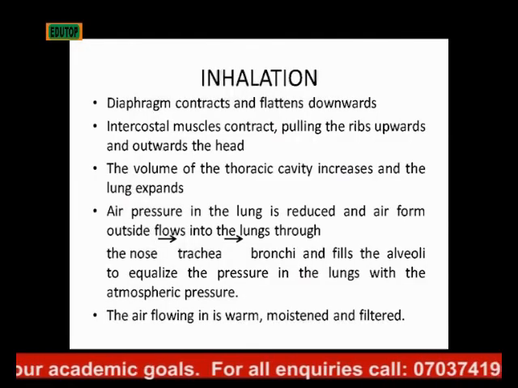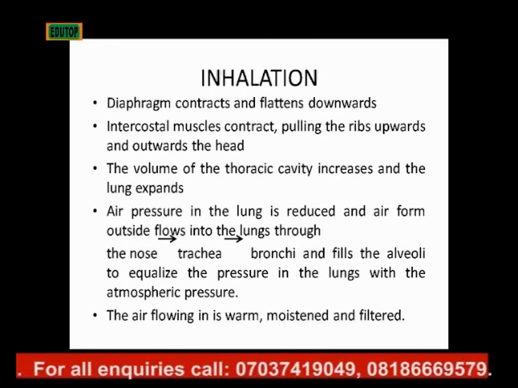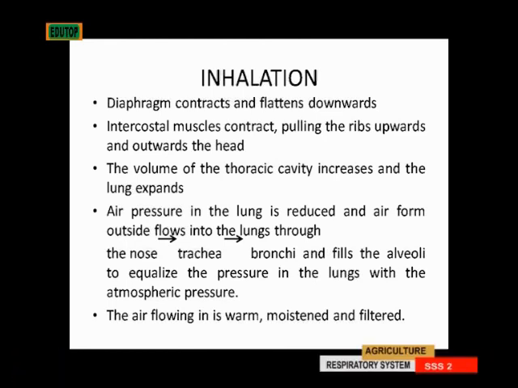In inhalation, the diaphragm contracts and flattens downward. Then the intercostal muscles contract, pulling the ribs upward and outward towards the head. So when you breathe in, you see that the intercostal muscles contract, then the ribs come up.